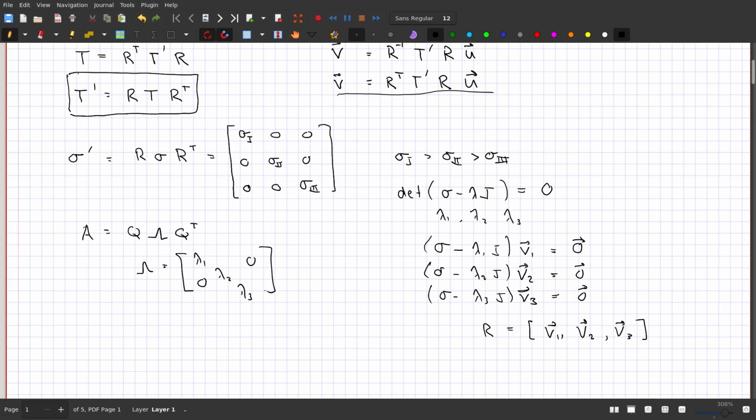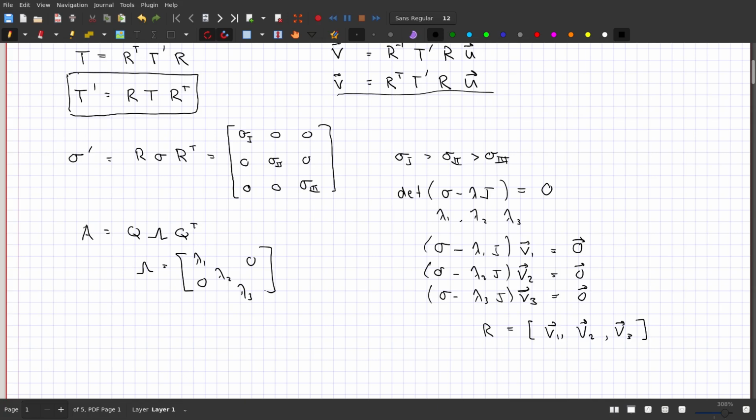R has to be a unitary matrix, right? In this case? Well, okay, a unitary matrix can essentially be thought of as a matrix where the columns are unit vectors.